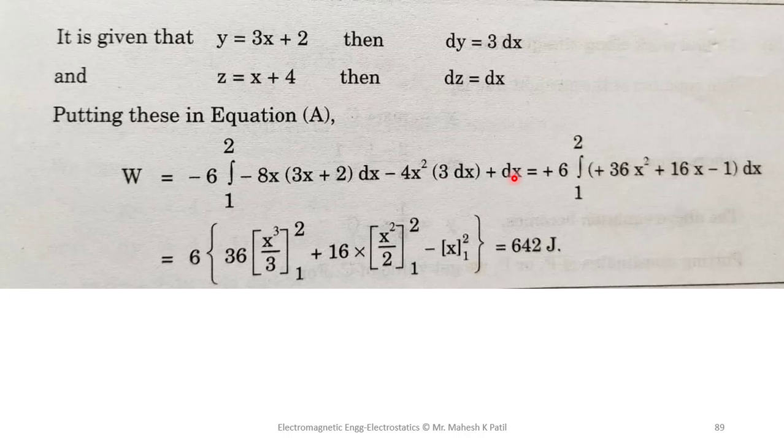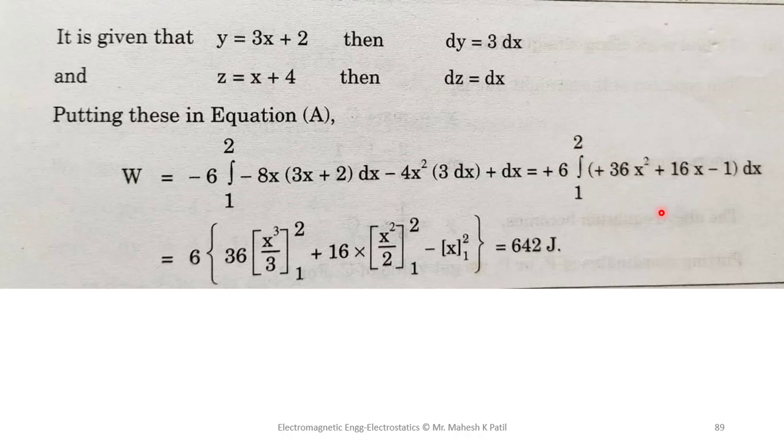So plus dx term. Now evaluate this integration because all terms are now in only one variable, that is x. If I take this minus sign outside, we'll get here minus 6, that is plus 6, integration 1 to 2.